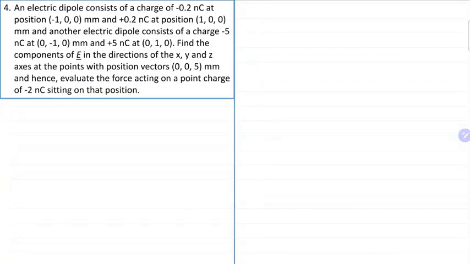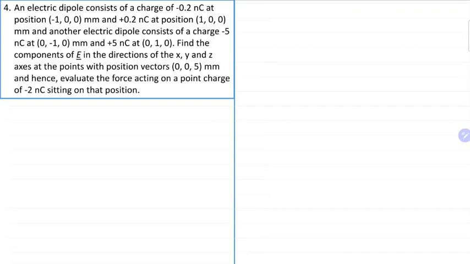Question 4. This question has two electric dipoles, one with 0.2 nanocoulombs sitting on the x-axis, and the other with 5 nanocoulombs sitting on the y-axis.